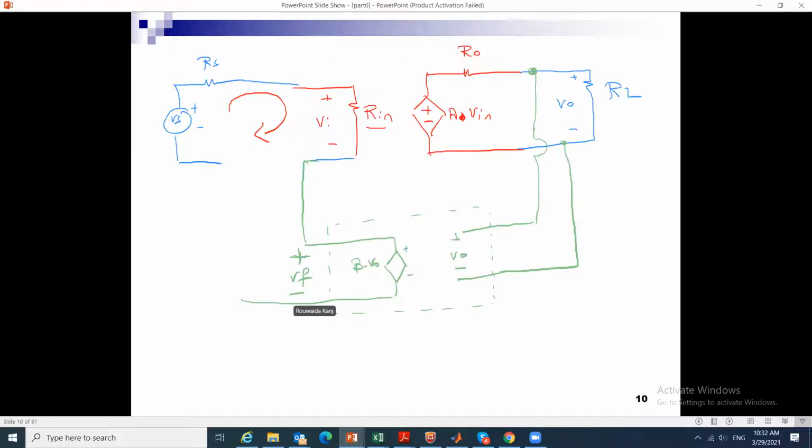So here now I have plus minus VF, such that Vs is Vn plus Vf. If you look at the loop, now Vs is equal to Rs times II plus Vn plus Vf. So we forced Vf into the upper block.